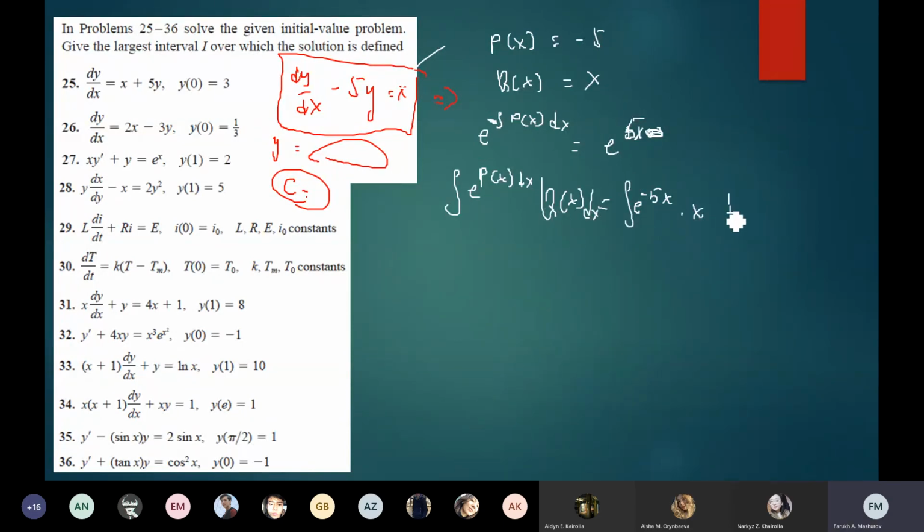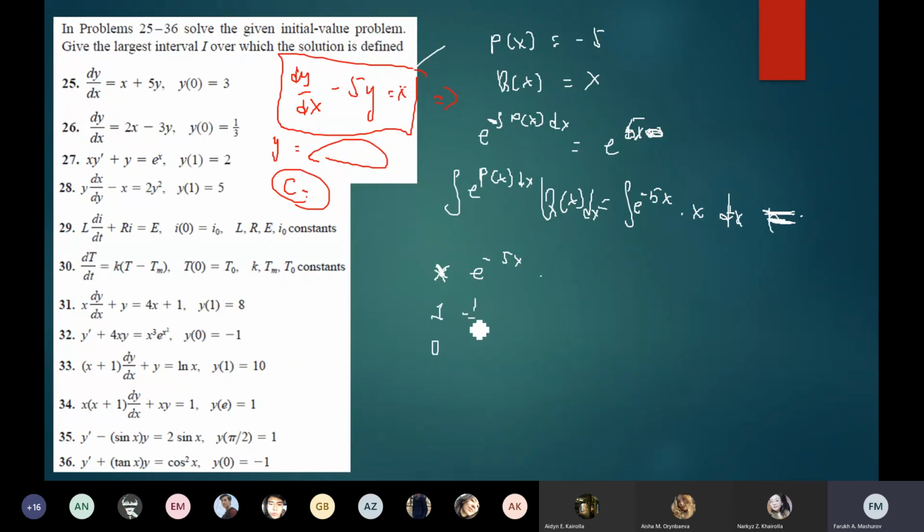Guys, to find this integral, you need to know integration by parts. So I use e to the power minus 5x multiplied by x. With integration by parts, the derivative will be 1 and 0.